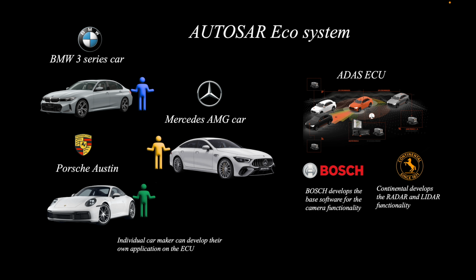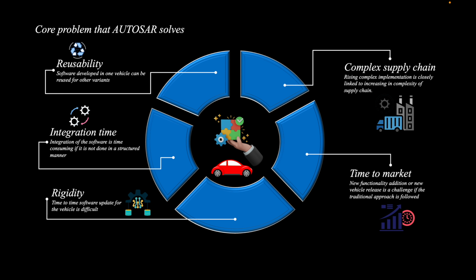You can manage all this with the help of Autosar, because it solves many problems. This is one set of problems that you are able to see, but Autosar in total solves 4 to 5 major problems.